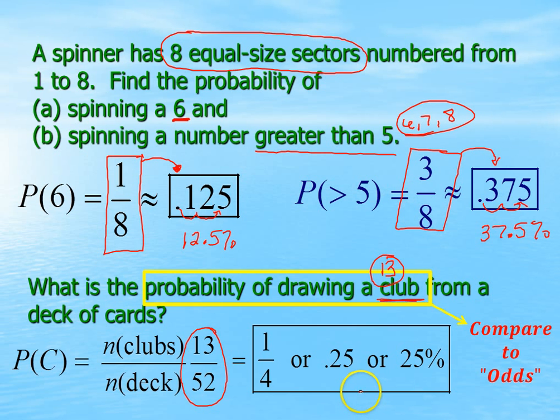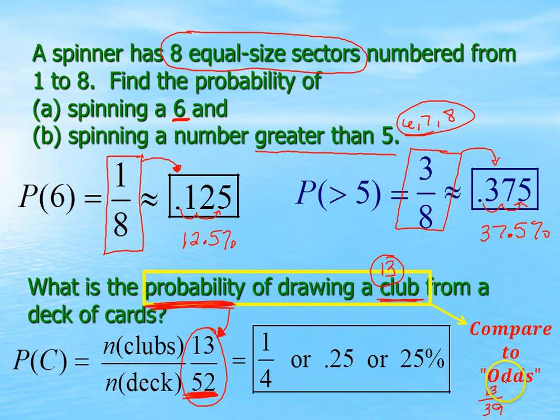Now, this is different than odds. Remember, probability is what do you have? What are your options? 13 options out of the total, 52. If this was odds of drawing a club, it wouldn't be 13 out of 52. If this said odds, it would be 13 out of 39.